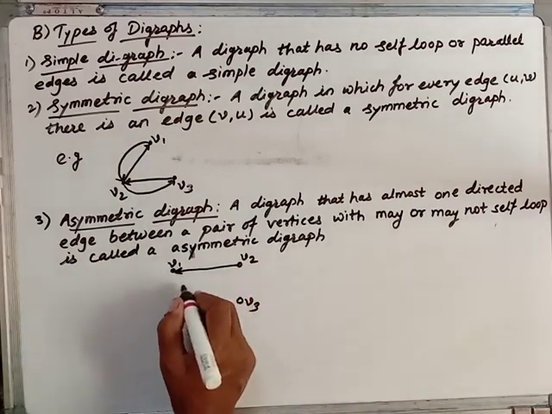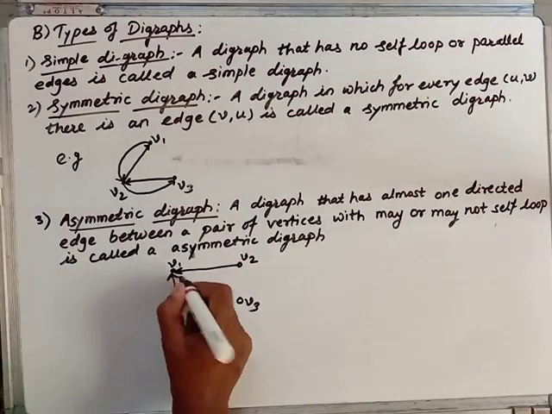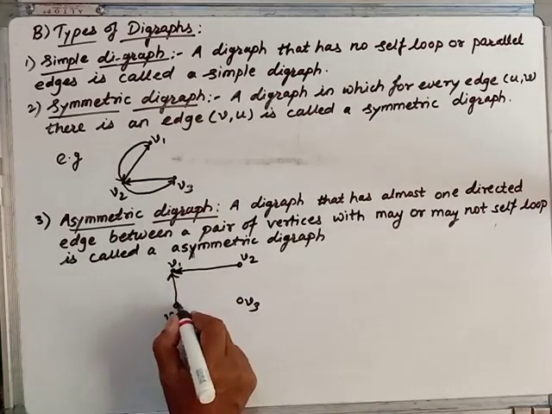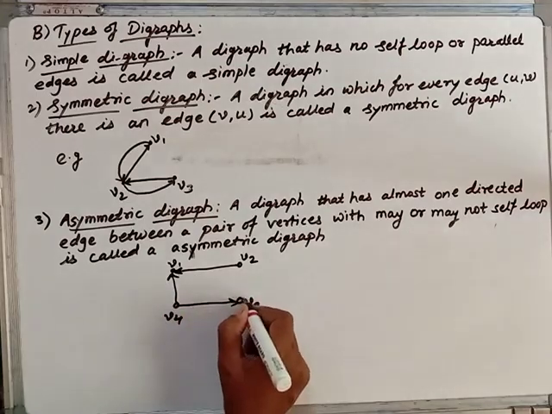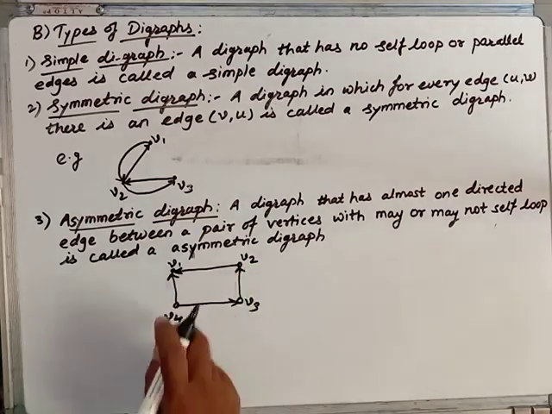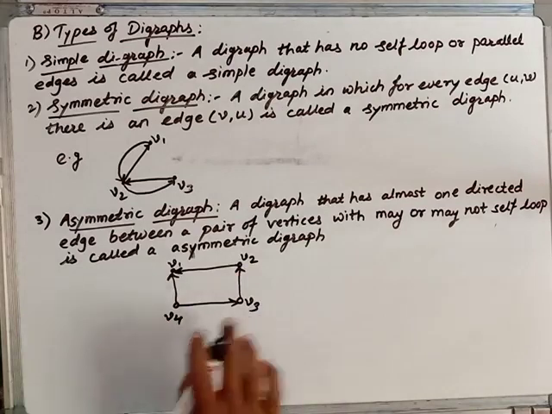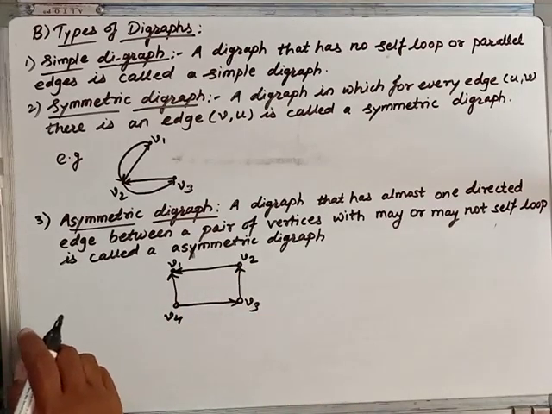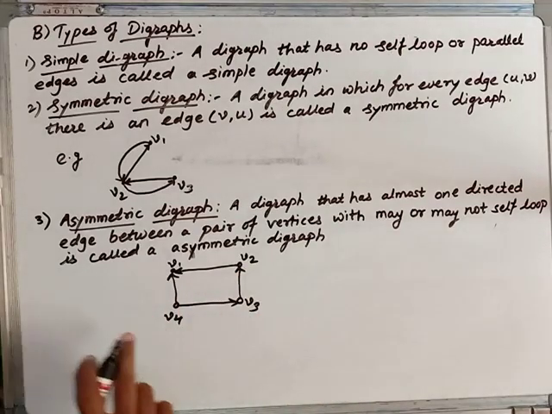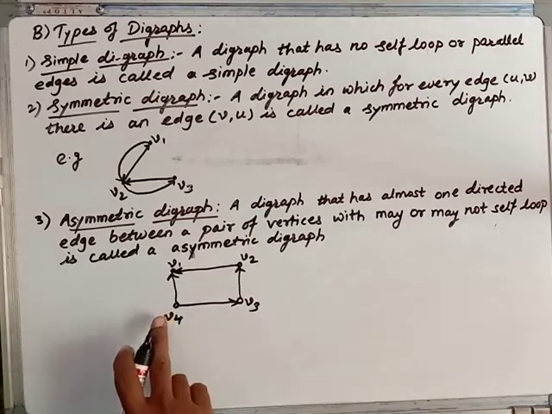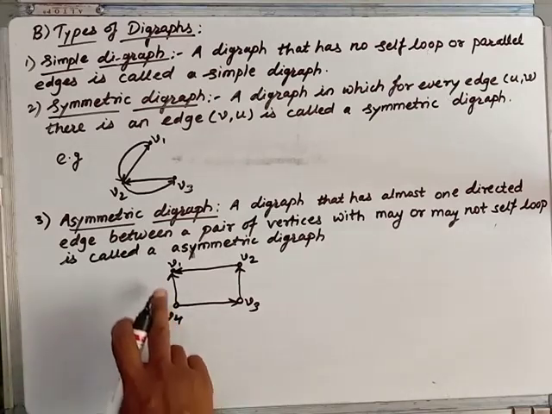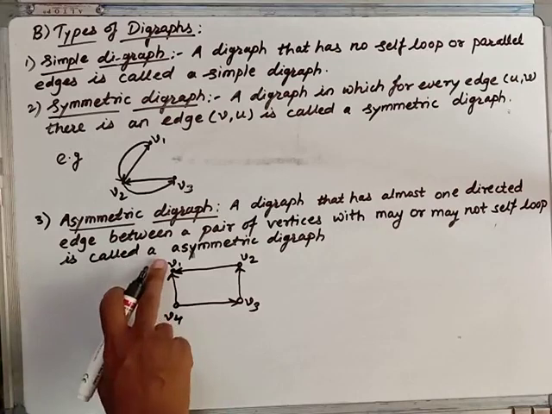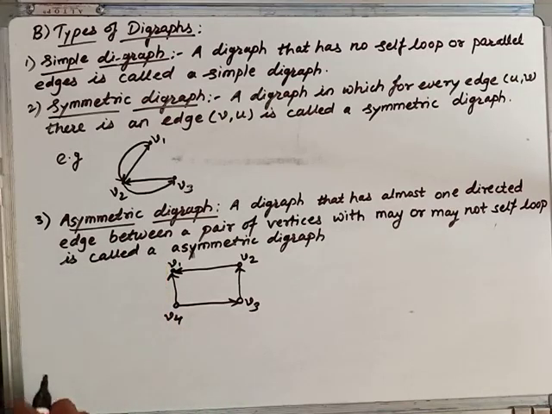Suppose this is in this direction, this is here, may or may not have a self loop, is called an asymmetric digraph. It is not symmetric because there is an edge from V4 to V1, but there is no edge from V1 to V4.